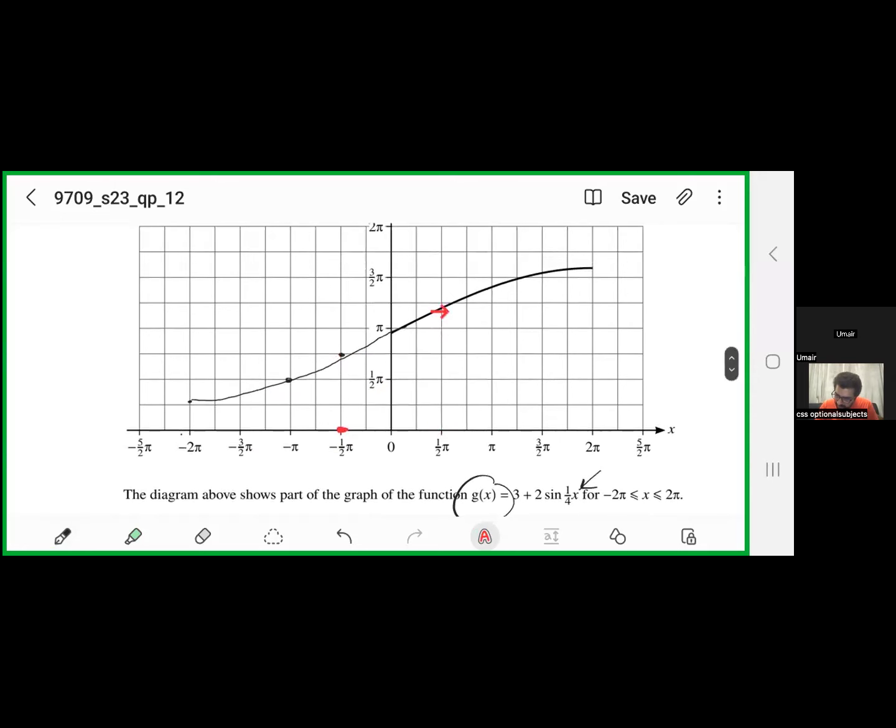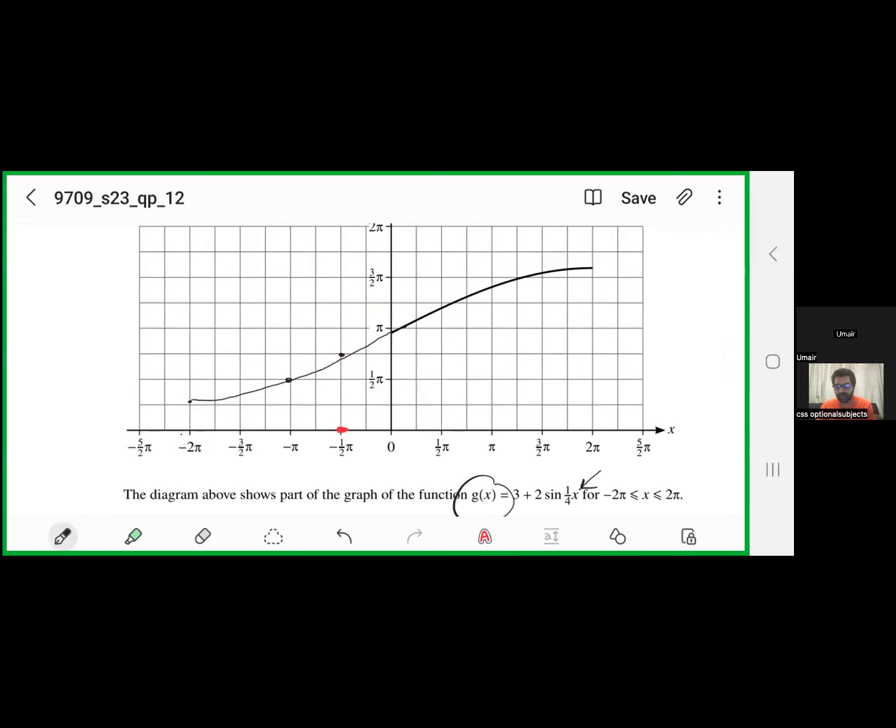For this value of x, you have one value of y. For this value of x, you have one value of y. So a graph in which for every value of x you have only one value of y, we call it a one-to-one function, and the graph has an inverse in that case.